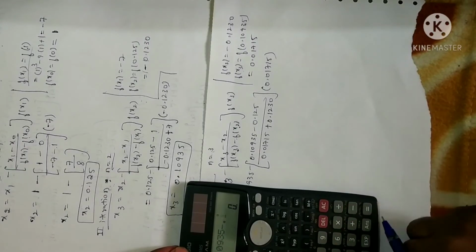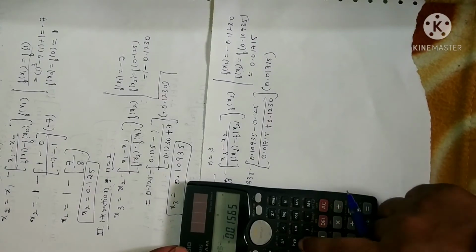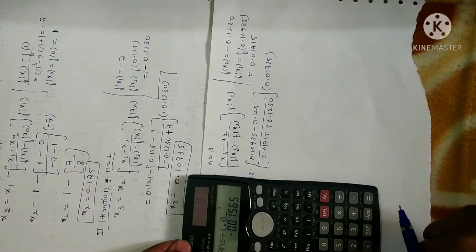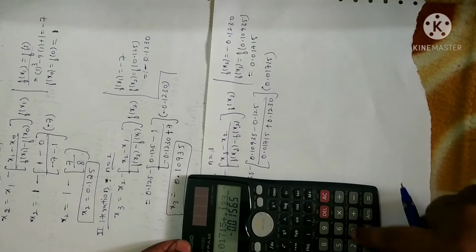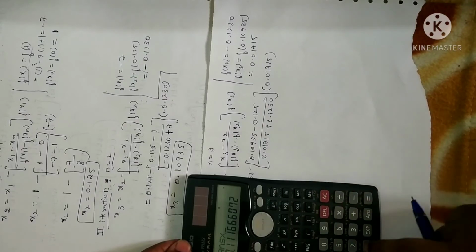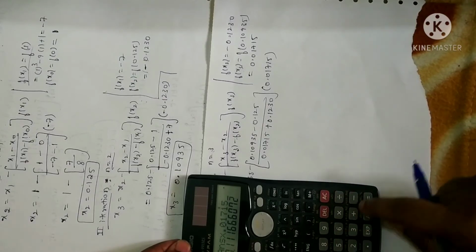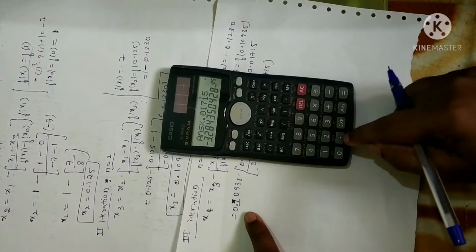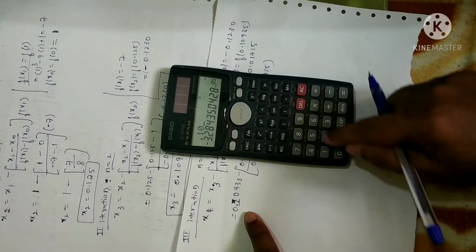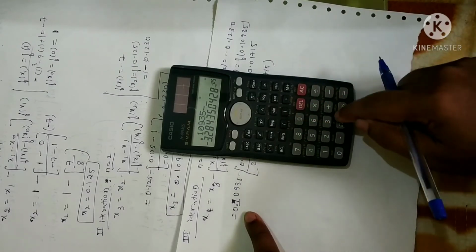0.10935 minus 0.125 divided by 0.01715 plus 0.1230 into 0.01715. I have to subtract all from 0.10935 minus the answer.